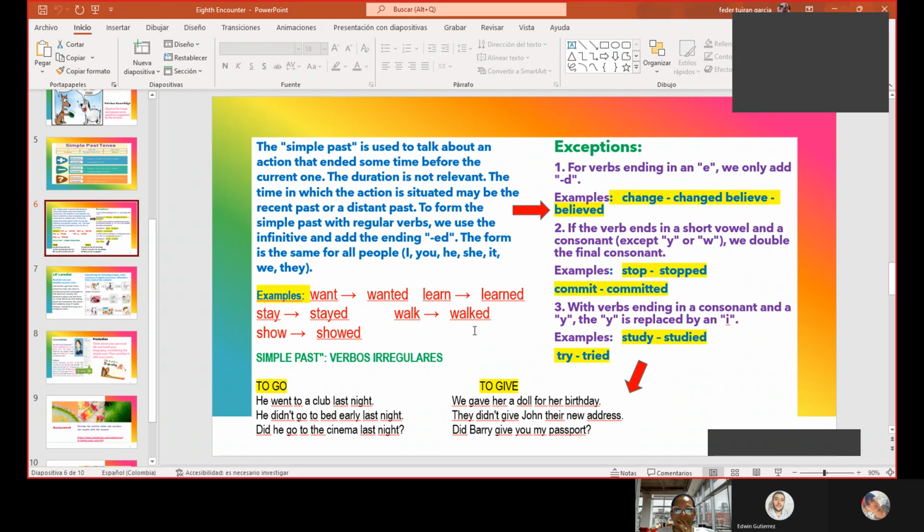Like I said, Edwin, it's in the practice that we can make this difference and recognize what is irregular and what is regular. You know a verb is regular when it ends in ed in the past tense. It's according to the context, according to the sentence, that you know when you should use an irregular verb.